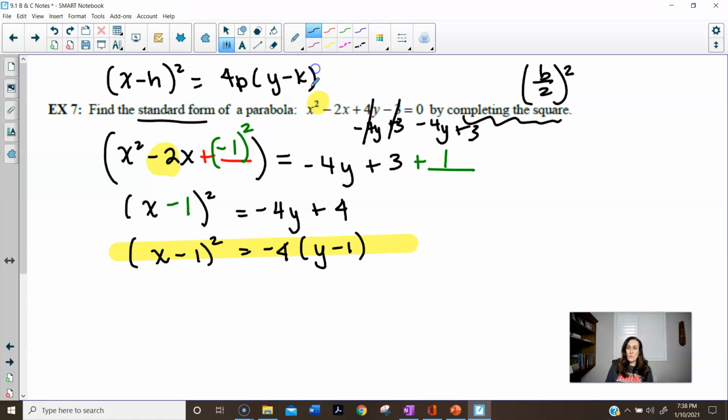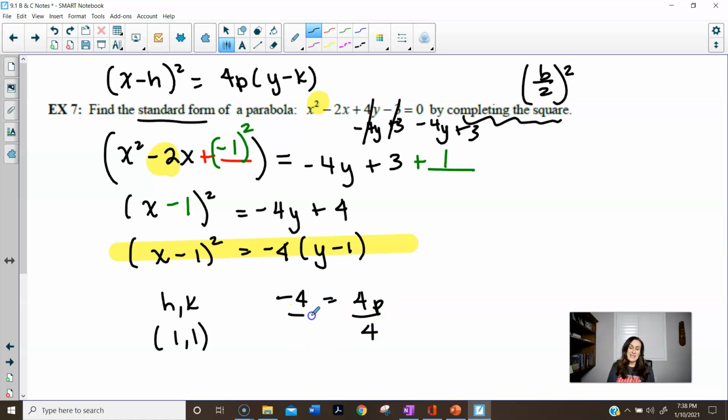If you wanted to know what the parts were, the h and the k are going to be positive 1, positive 1. So the h, k would be 1, 1. And then you could go through the p. If you wanted to figure out what p was, you know that negative 4 is equal to 4p.